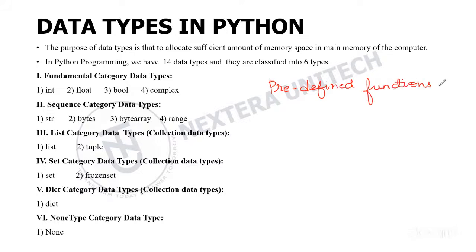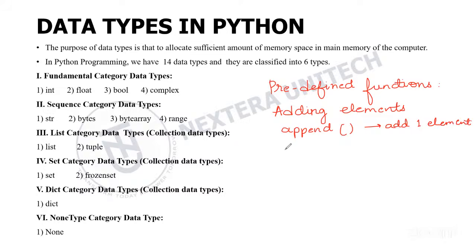In those predefined functions for adding elements, to add elements into your list object, we can use the append function. This function is used to add a single element. And we can also use the extend function. So you can add one list, list 2, to list 1.